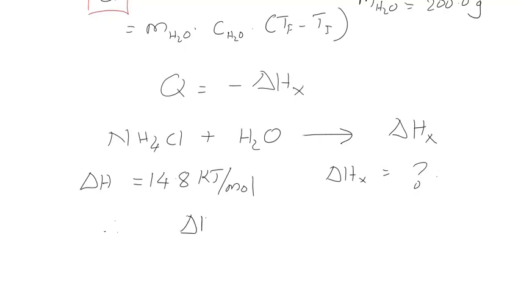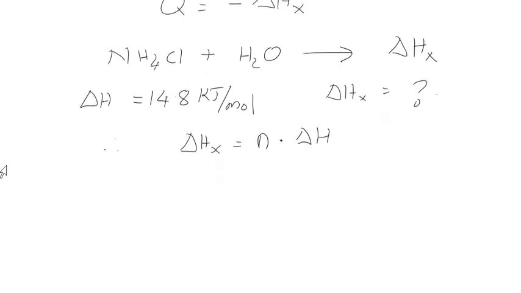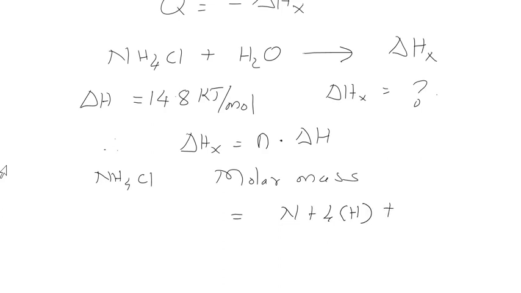Delta Hx can be determined by using the formula delta Hx is equal to n into molar enthalpy. Now if you observe, we don't even know what n is. However, we have ammonium chloride that has been provided to us, so we can determine the molar mass. Molar mass can be determined by summation of all the elements present in ammonium chloride.